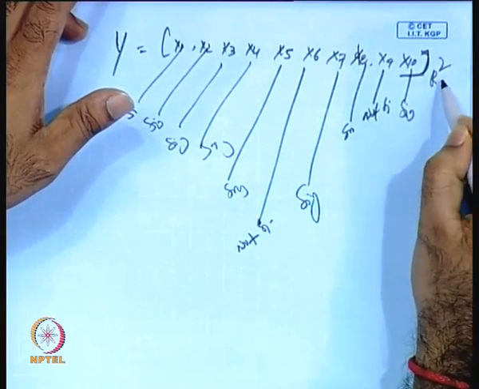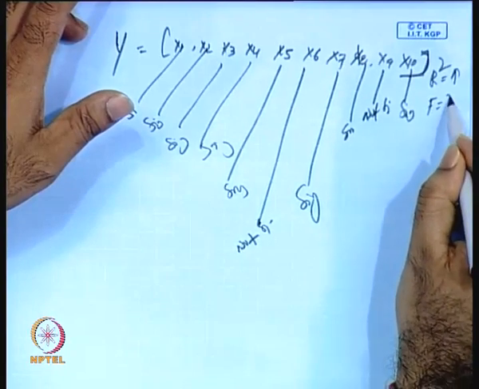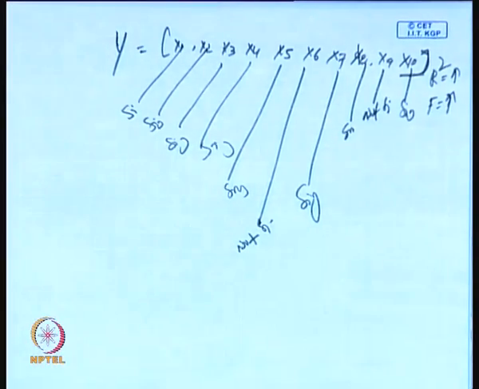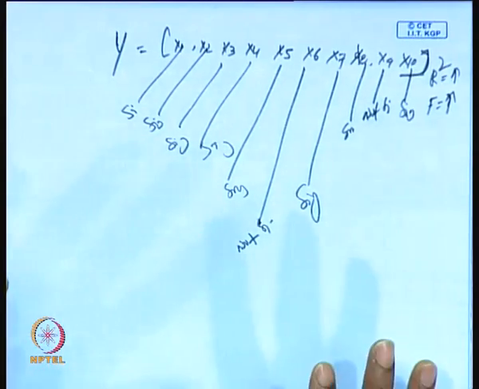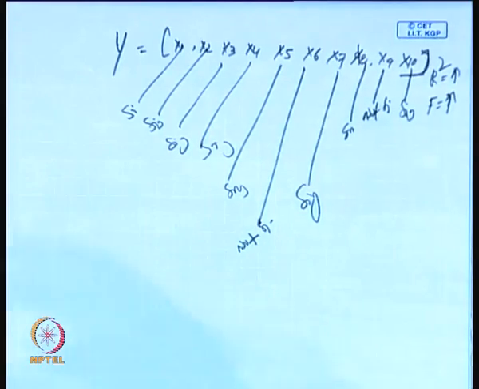R square is by default very high, and F is also by default very high. So now this model can practically be considered the best model, for your feasibility or reliability concerns.